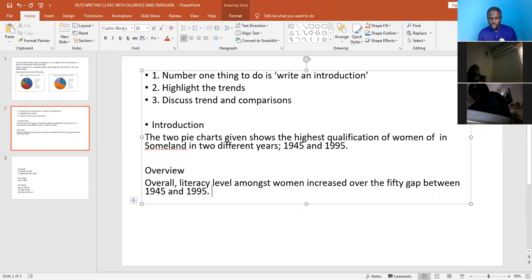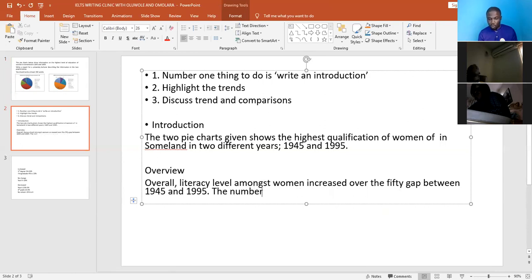So the low level education, or maybe the entry level education, decreased. Okay, sorry, let me put it like this. I need to indicate it very well.